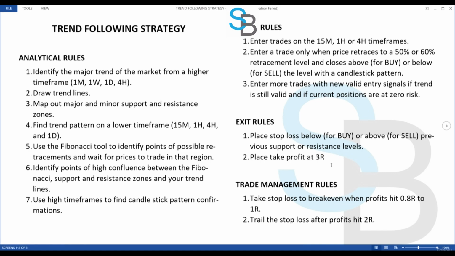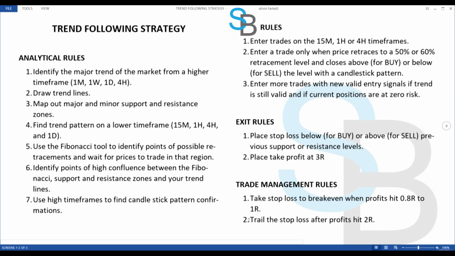And then your trade management rules: you have to take your stop loss to break even when profits hit 0.8R to 1R. Whenever your profits hit 0.8R to 1R, you move your stop loss to break even.